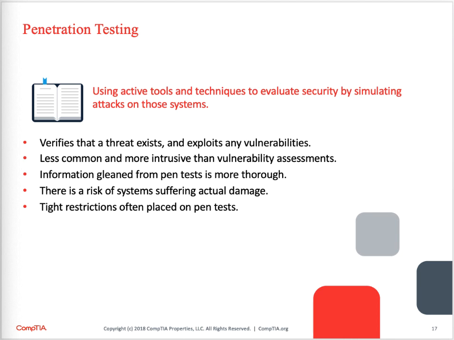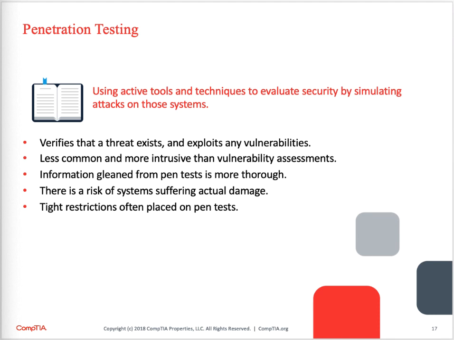A penetration test is going to verify that the threat exists and then will actively test and bypass any security controls that are in place. So if authorized, because a pen test has to be authorized in order to be legal, the penetration test will also exploit any other vulnerabilities on the system.